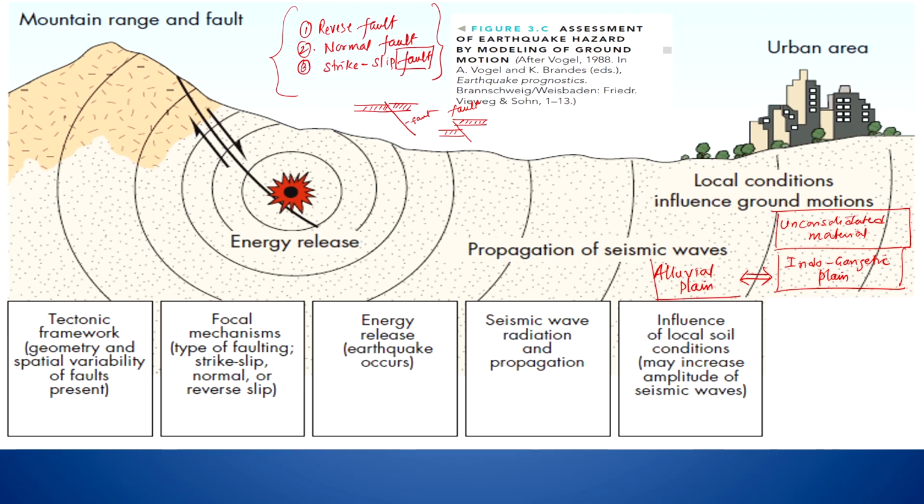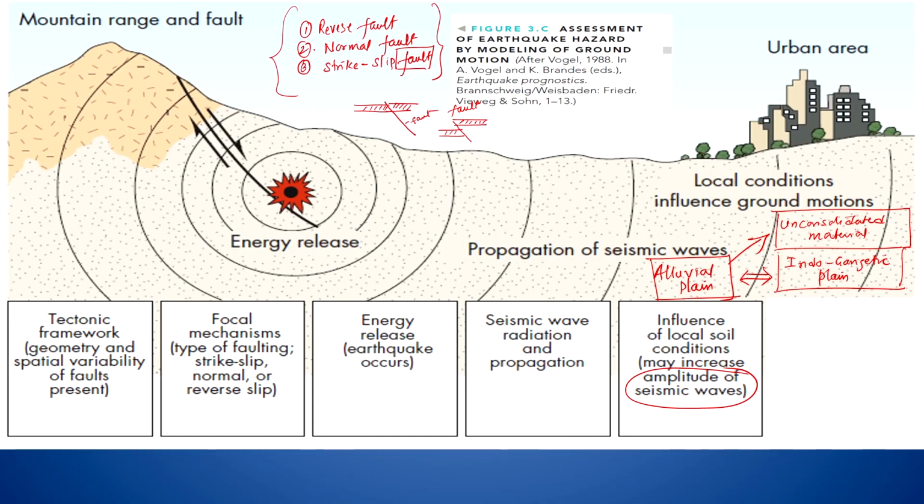This alluvial plain is comprised of unconsolidated material, and this unconsolidated material has a tendency to amplify the seismic waves. So, depending on the local soil condition, the amplitude of seismic waves may increase. And if the amplitude increases, then these areas are going to have more ground acceleration.